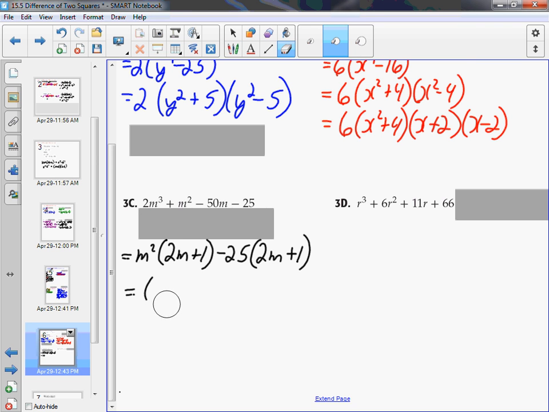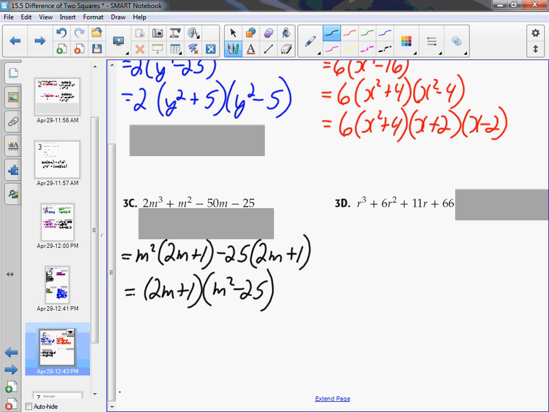Oops, that's not how you make it 2. So we have a GCF of 2m plus 1, leaving us with what? Leaving us with m squared minus 25.